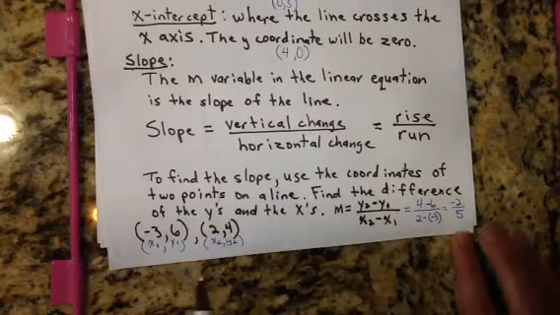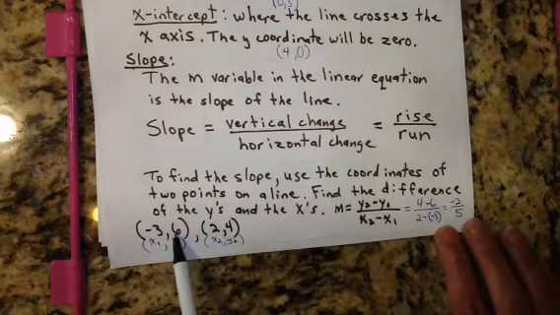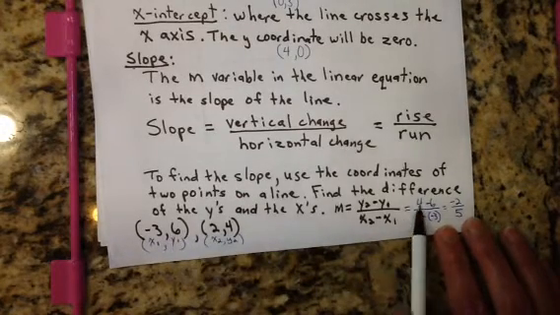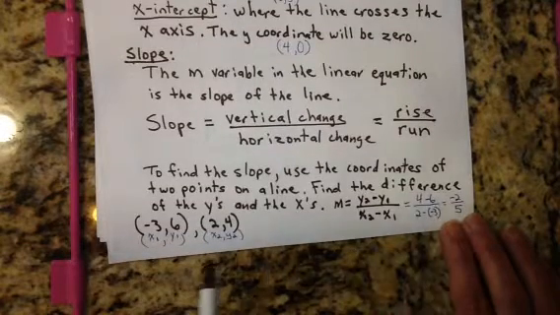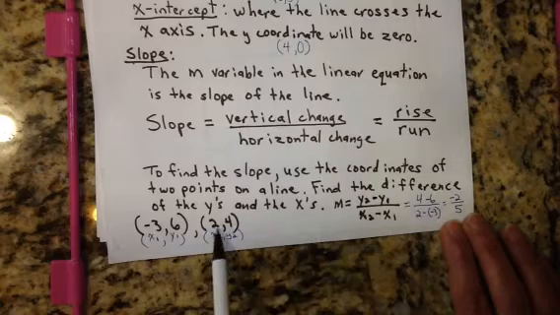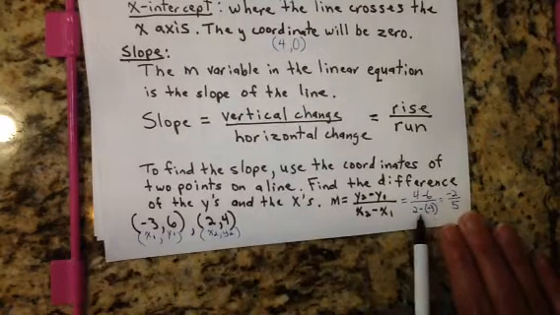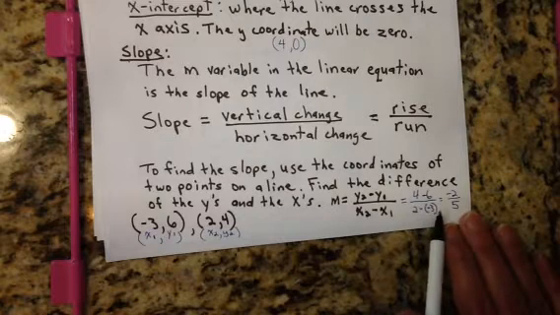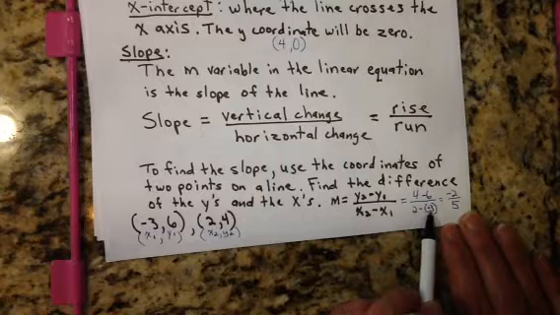So you're finding the difference. My y values are 4 and 6. So I'm going to take 4 minus 6 divided by my x values, which is 2 and negative 3. So I'll take 2 minus negative 3. Now remember, when you see this double negative here, it means the opposite of negative 3.